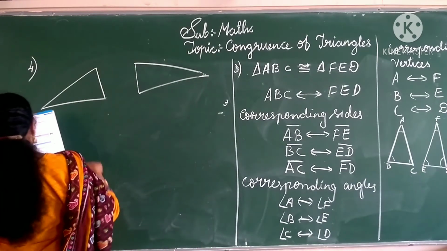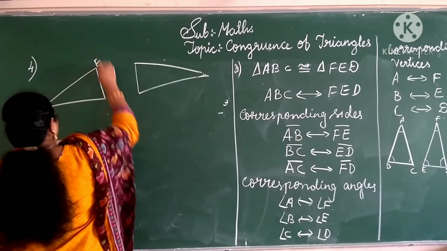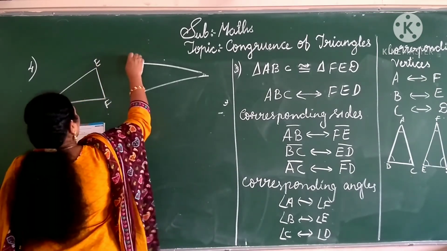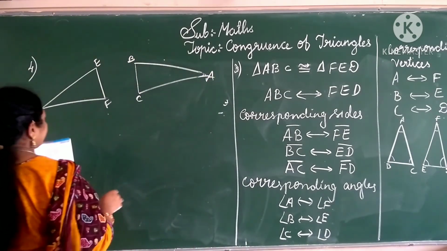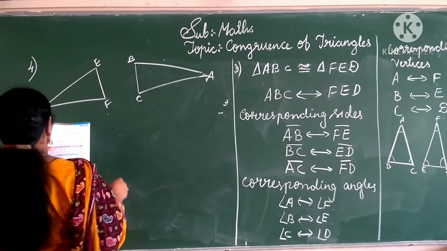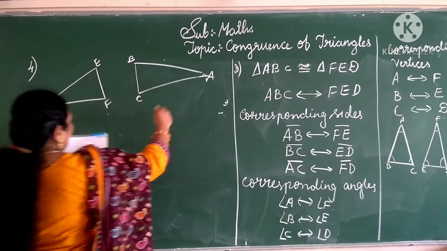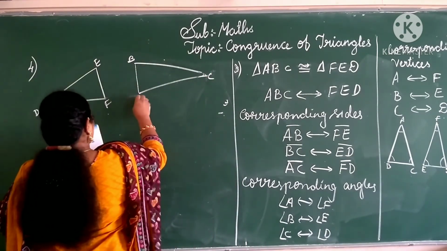Here we will write T, E, F, and we will come across B, C, A. Sorry, we have C here and A here.